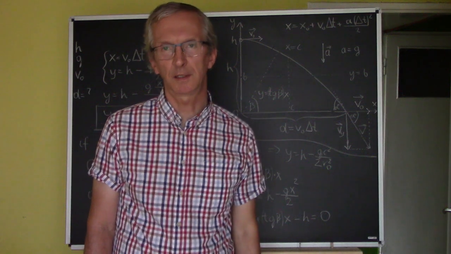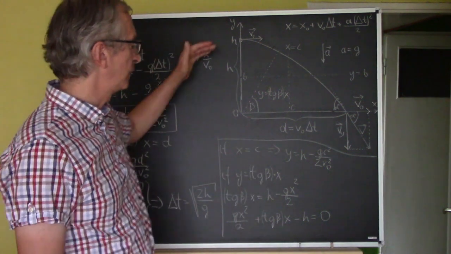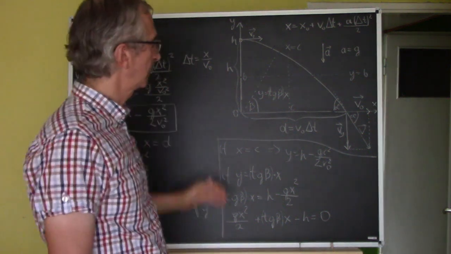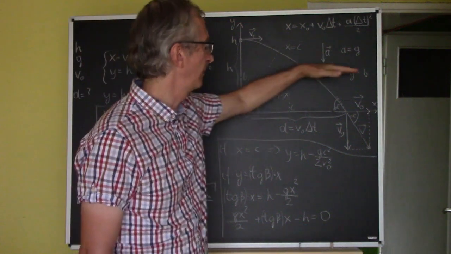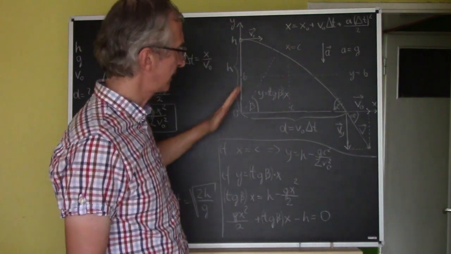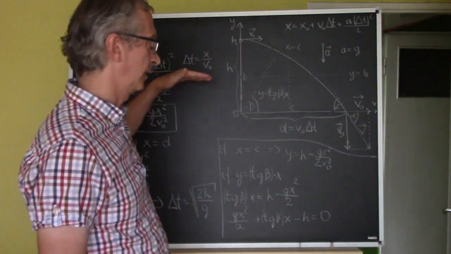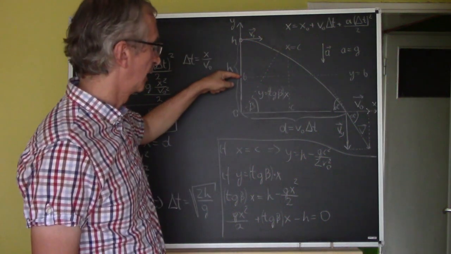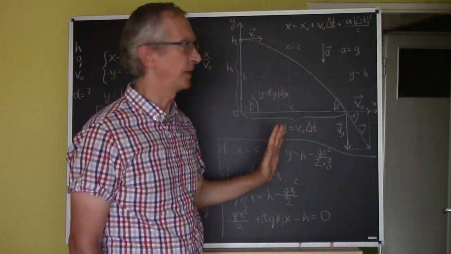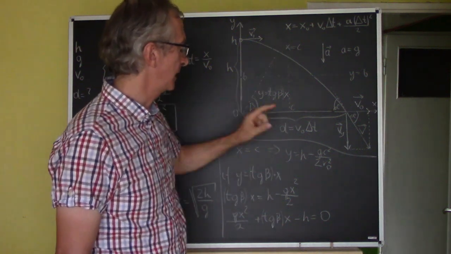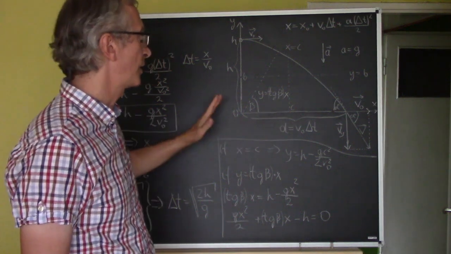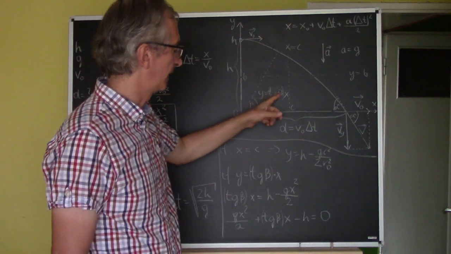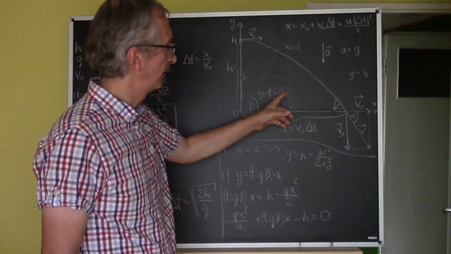In this task we want to know where the thrown object will hit the obstacle. This obstacle can be a horizontal platform, a vertical wall, or a slope. The equation of a platform is y equals b, if here is b. The equation of a vertical wall is x equals c, if here is c. The equation of a slope is y equals tangent beta, this angle, times x.